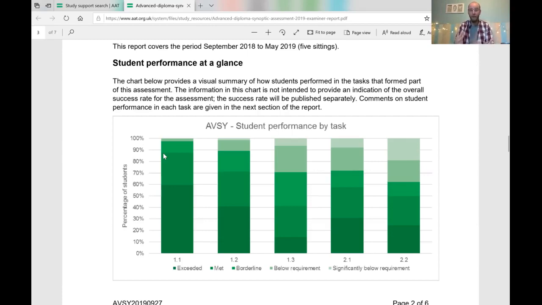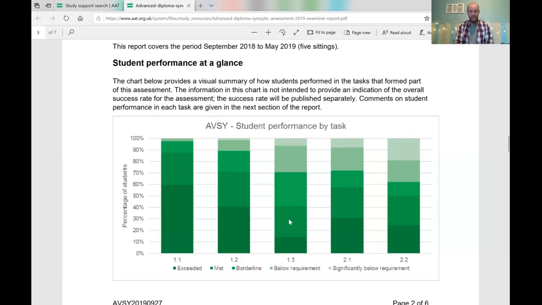So I generally just, with my mouse or my finger, or with a pen if I print it off, draw a line and go, okay, almost 90% of students are passing task 1.1. Fantastic, that's an area where students do really well. Then it drops down to task 1.2, where just over 70% of students are passing. Then task 1.3, boom, it drops all the way to around 40%.